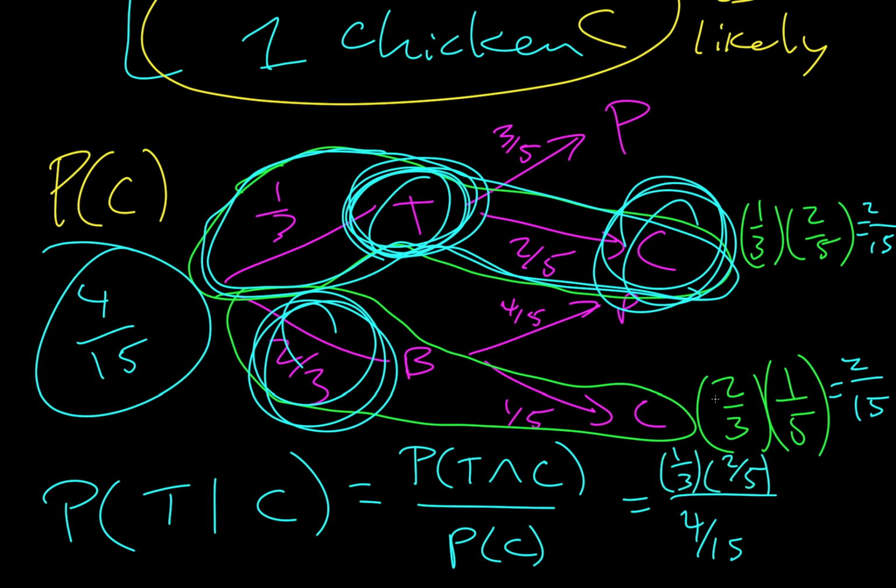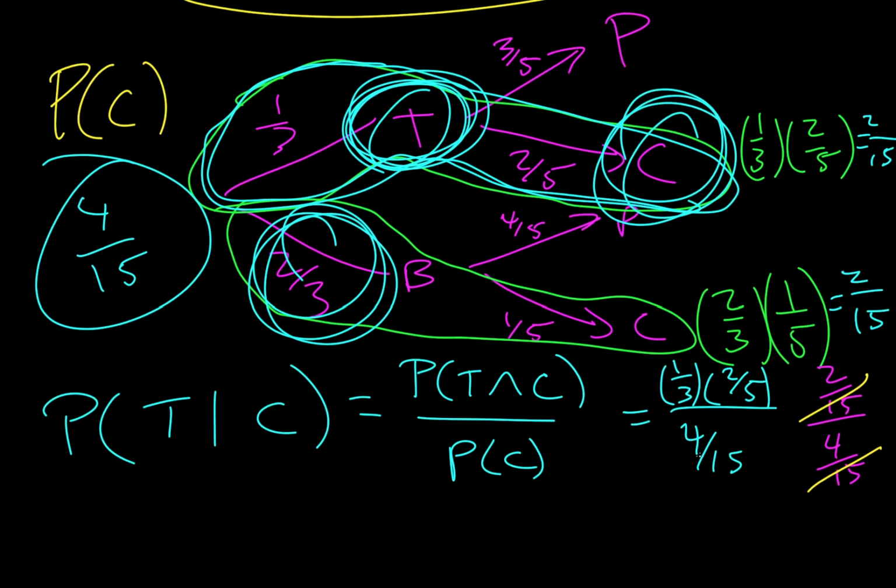And then we need to simplify this. So on the top, it's 1 times 2 is 2 15ths over 4 15ths. Now, a cool thing about fractions, it's a shortcut. If the denominators are ever the same, you can cancel them. So we're left with 2/4, which is 1/2.